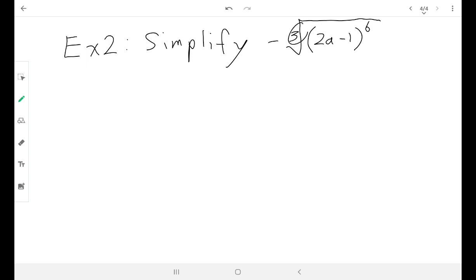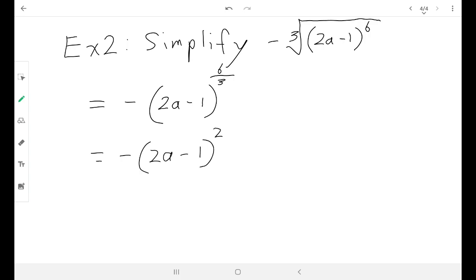Well, let's use the fact that it's a cube root, that is, it's raised to the 1/3, and let's take this 6, and we'll leave the negative out in front, and we'll write this as 2a minus 1 raised to the 6 over 3 power. Now, 6 divided by 3, that's just 2. So it's the negative of the quantity 2a minus 1 squared.